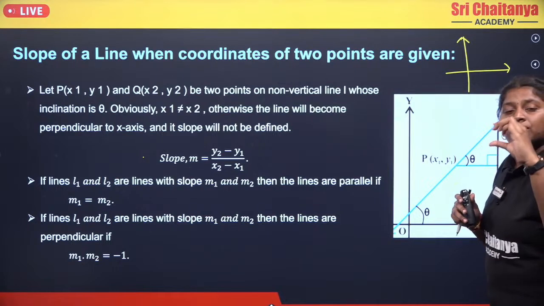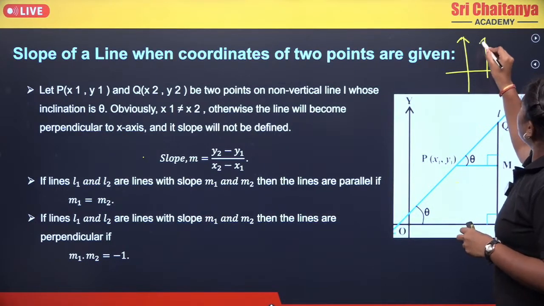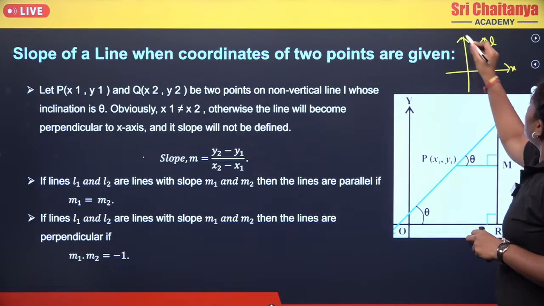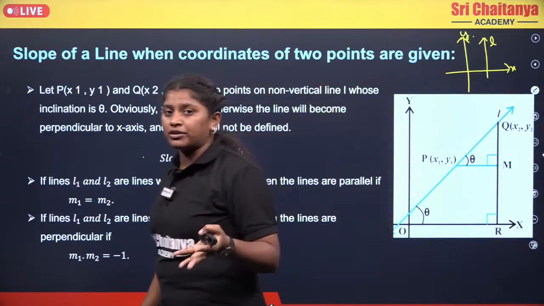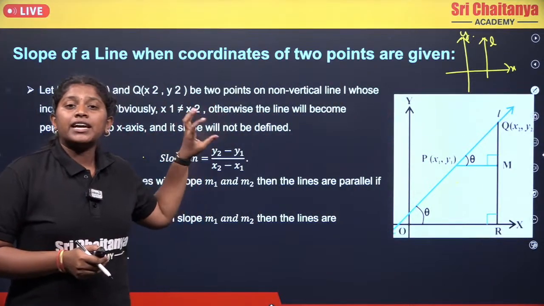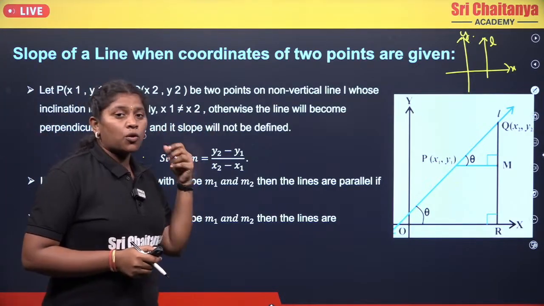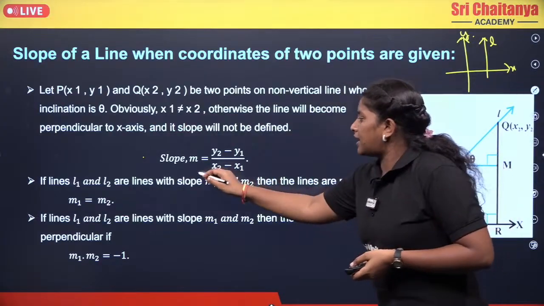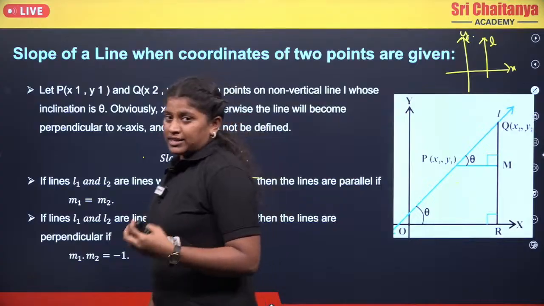If your x value is constant, then the line will be perpendicular to your x-axis, and from there you will get the slope as not defined, right? So for that reason we take x1 not equals to x2, and from there we get the slope m equals to y2 minus y1 by x2 minus x1. Clear?